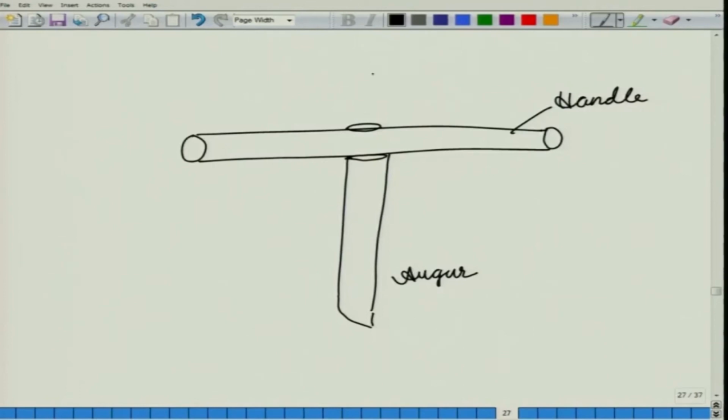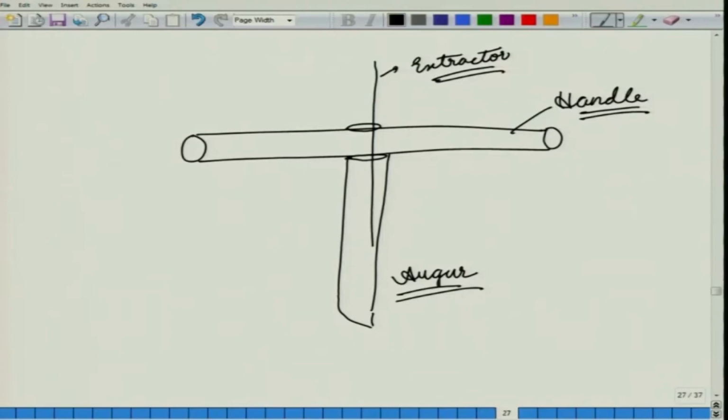And from this hole we can push inside the extractor. The beauty of the instrument is that you can put the auger and the extractor both inside the handle and then carry it in your vest.